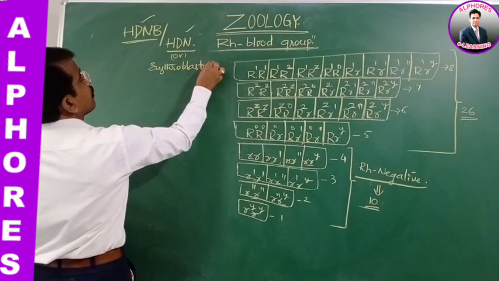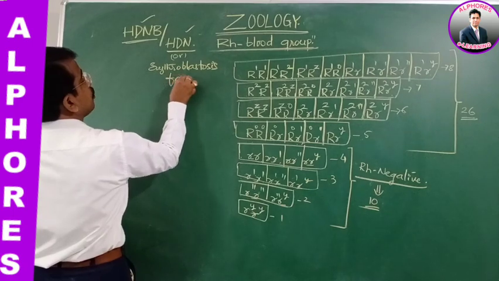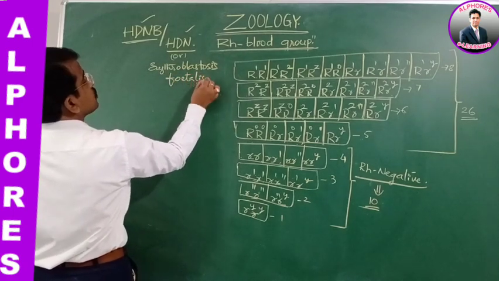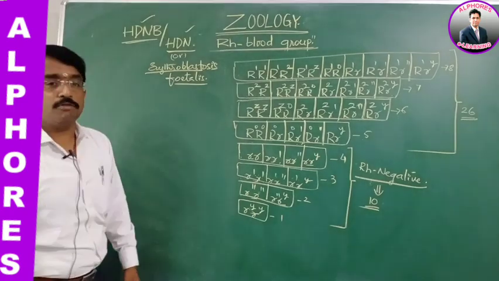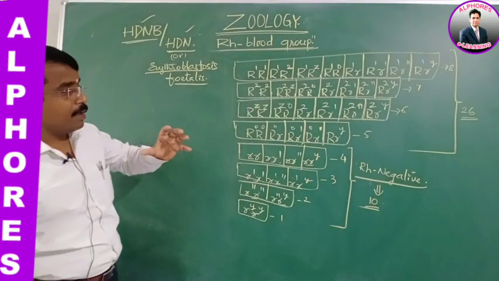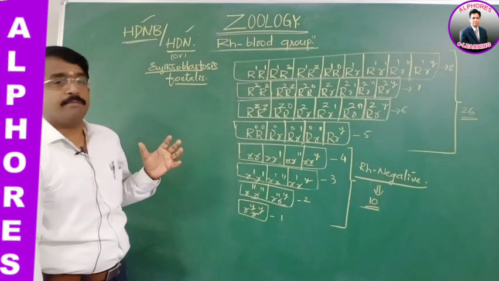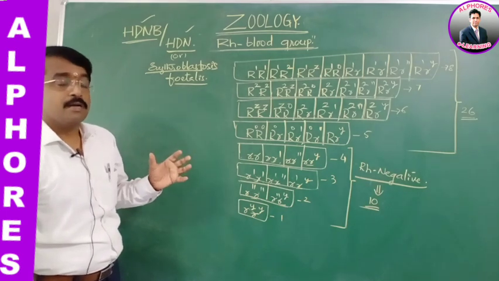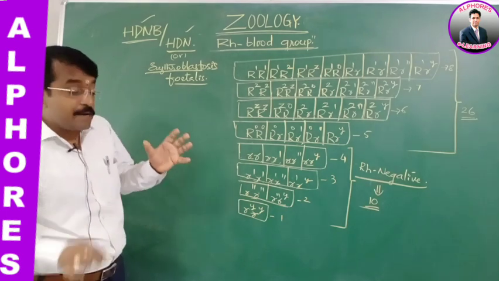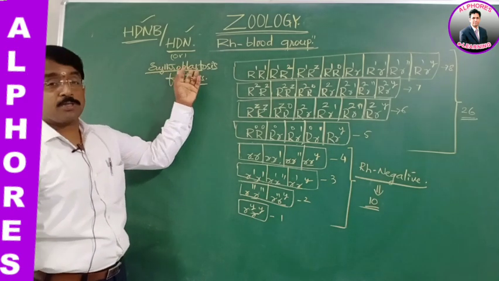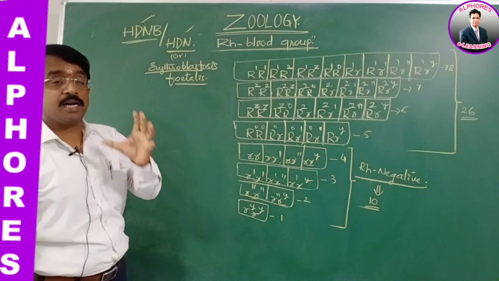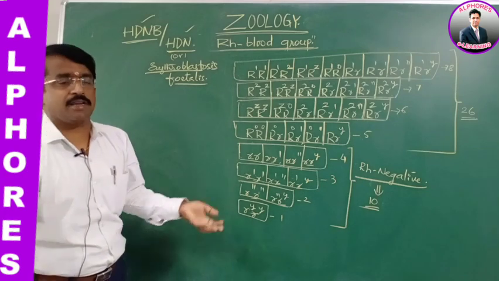Let's see what this means. Hemolytic disorder of the newborn: during the pregnancy, the fetus is prone to rupture of the RBCs or erythrocytes. That's erythroblastosis fetalis.